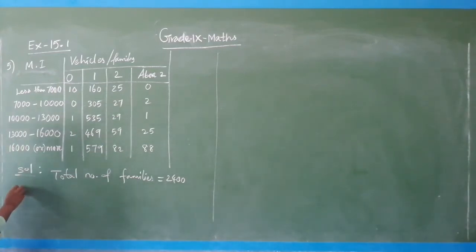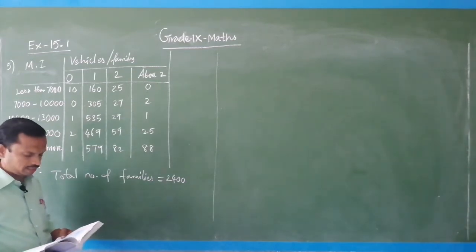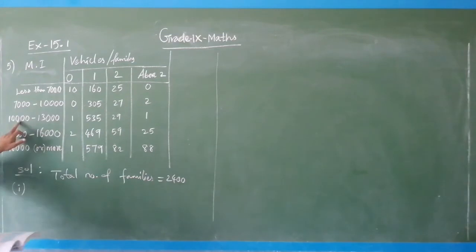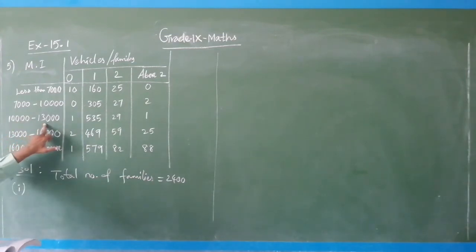It is given in your book, and the first option, so you have to read it. The income level is 10,000 to 13,000. You see where it is, this 10,000 to 13,000 is the income level, and this is per month. Okay. And then owning exactly 2 vehicles.